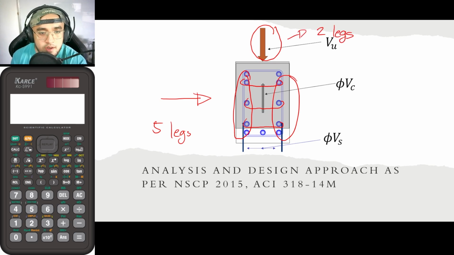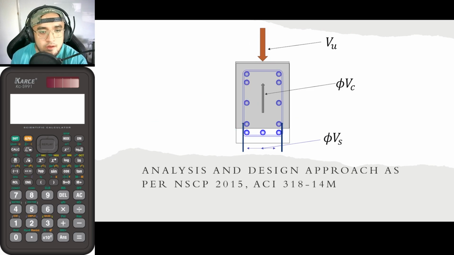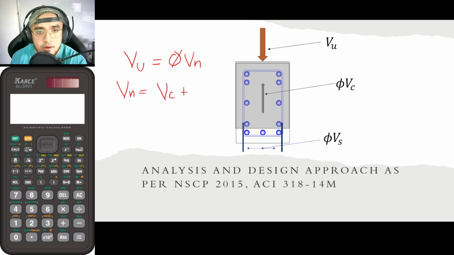Okay, so let me just erase everything once again. So again, from our equation, Vu is equal to phi Vn. But Vn is actually the combination of Vc plus Vs. And substituting equation 2 into equation 1, Vu is now equal to phi times (Vc plus Vs).